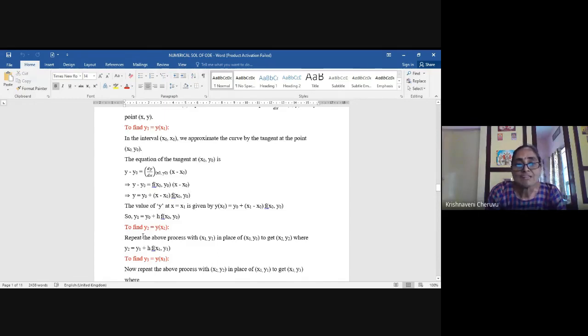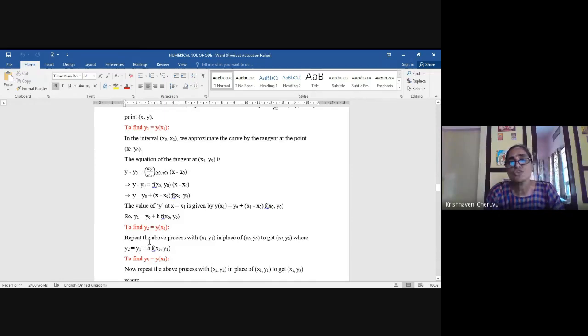So to get y2, you have to put x2 for x. When you put x2 for x, you get y is equal to y1 plus x2 minus x1, f of x1, y1. So x2 minus x1 is h, f of x1, y1, and here y1.